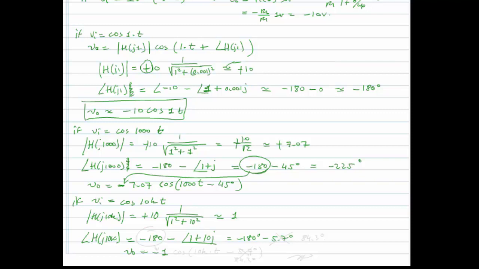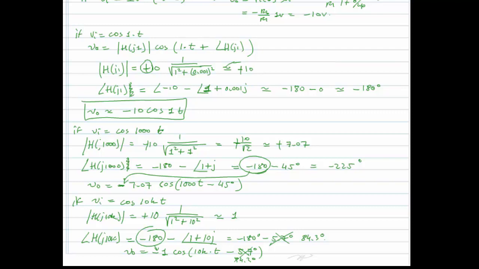I'm going to put the 180 degrees, capture that in the sign again, cosine of 10,000 times t minus 5.7. Wait, no, I did that wrong. That is wrong. No, I did the arctan of 10 plus 1j, not 1 plus 10j. Let me recalculate that. That's 84.3 degrees. Okay, minus 84.3.